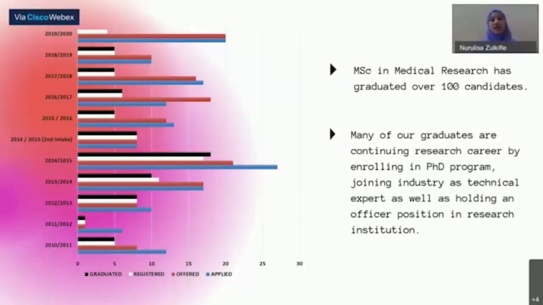Many of these graduates are continuing their research career, either by enrolling in a PhD program or joining industry as technical experts, product specialists or application specialists related to medical and research, as well as holding officer positions in research institutions and academia.